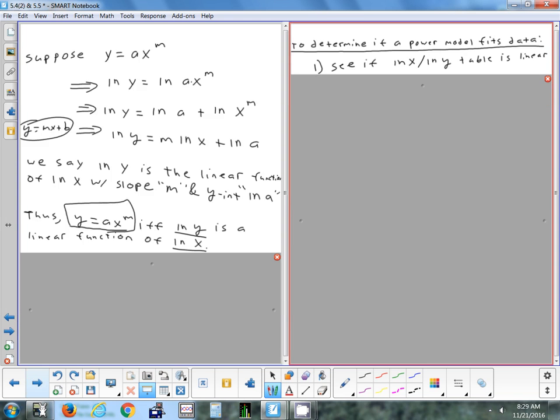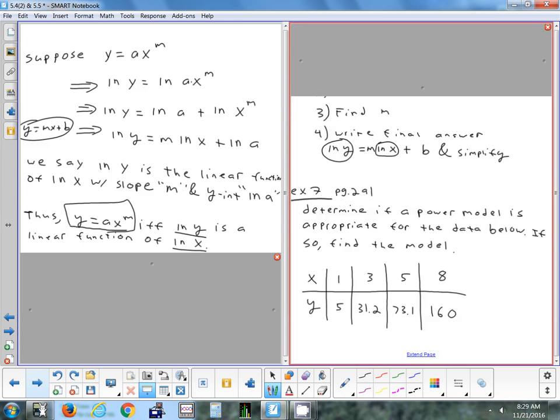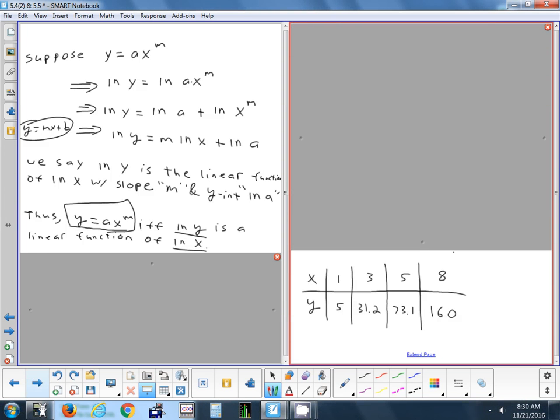Okay, so to determine if you should be using a power model for your data, to try to find a curve that goes through the points the best that it can, you're going to be given a table. And the first thing you're going to do in that table is take the ln of everything in that table. So they're going to give me a table of data. I'm going to find the ln of all 8 of those numbers, and I'm going to make a new table.